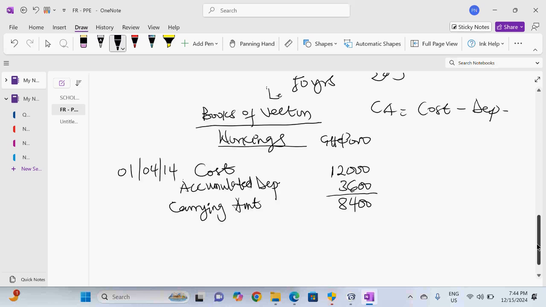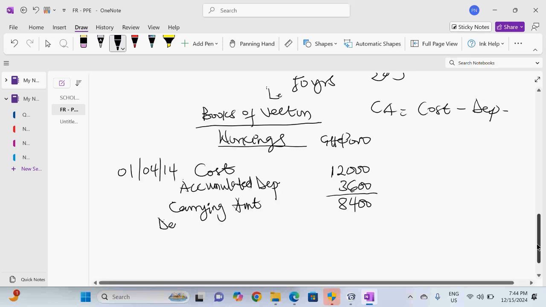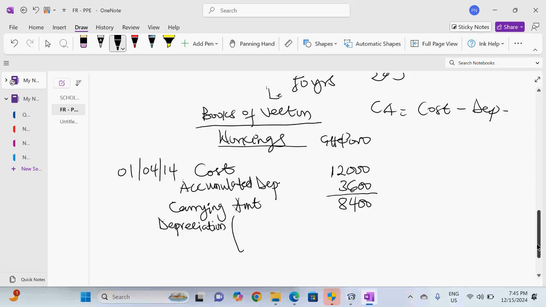So now, depreciation will be for 6 months. What is the formula for depreciation? Cost over useful life.